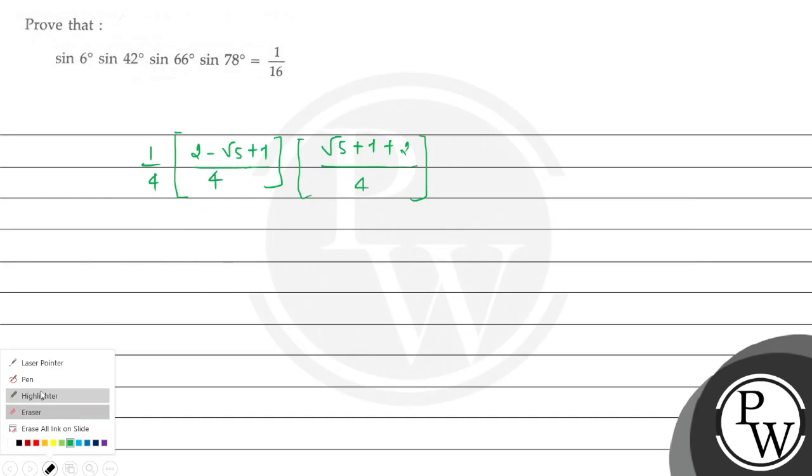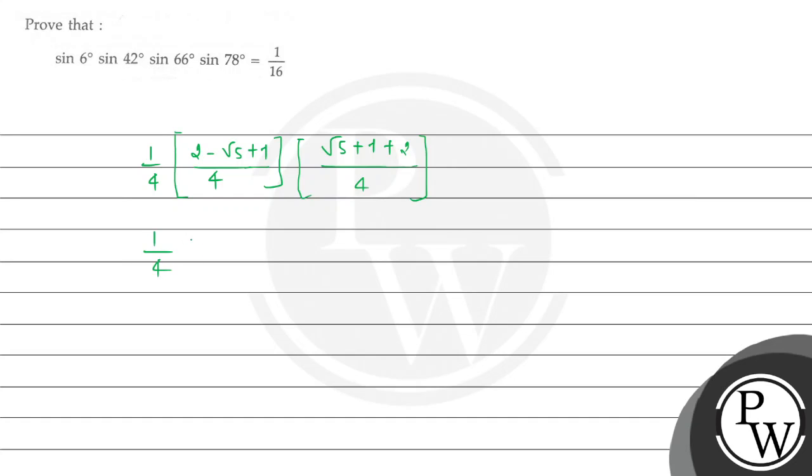After adding this we'll get (3 minus root 5) divided by 4 into (3 plus root 5) divided by 4.